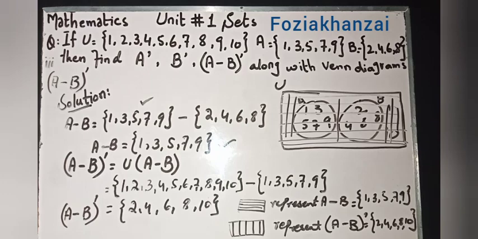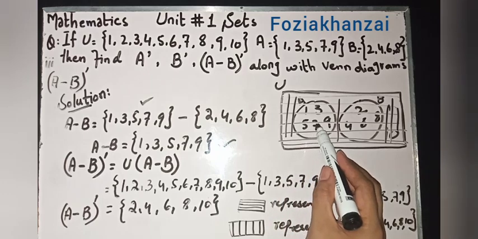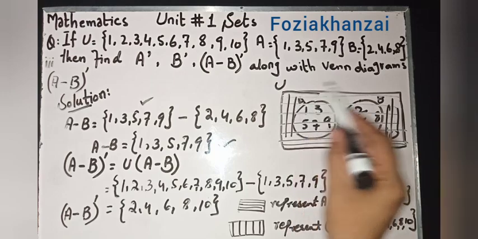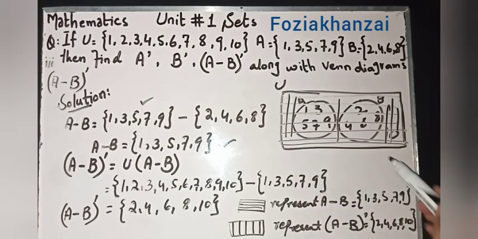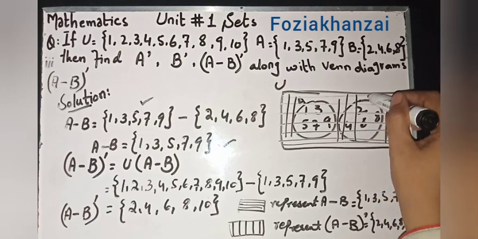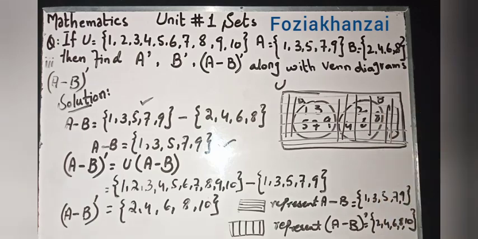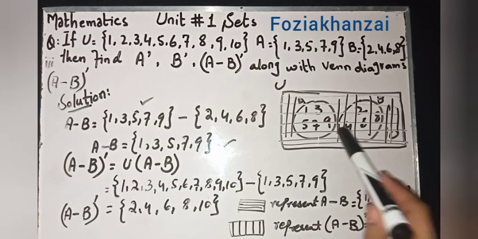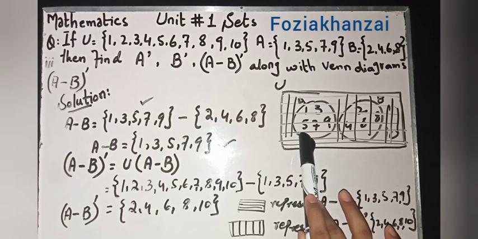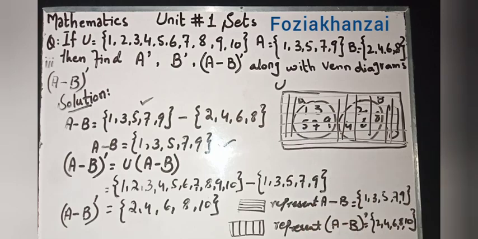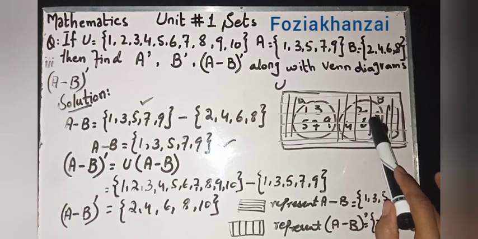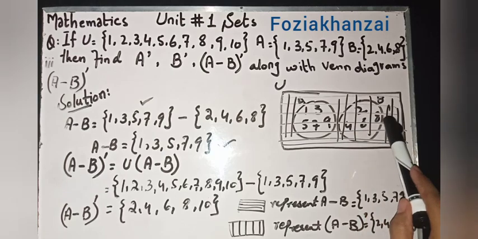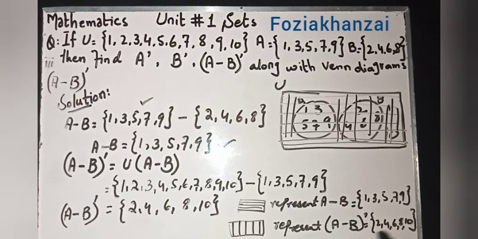Okay, except this circle set A, whole set B and whole rectangle box represent A difference B whole complement. Okay, this circle set A, 1, 3, 5, 7, 9, is included in A difference B, but whole rectangle box and this circle B, 2, 4, 6, 8, represent A difference B whole complement.